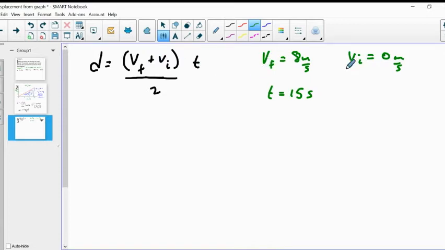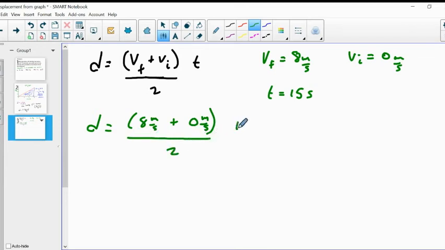And we're going to solve that for the word problem that we have. So we're going to see that the distance is equal to the final velocity, which is 8 meters per second, plus the initial velocity of 0 meters per second. Divide that by 2 and multiply it by your total time. So once again, my distance is 8 meters per second, divide that by 2, multiply it by 15.